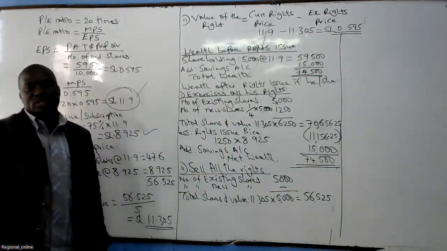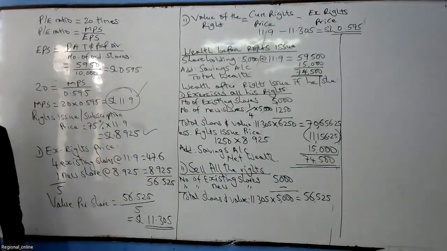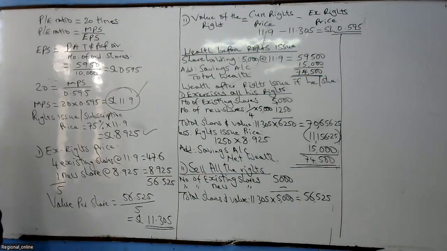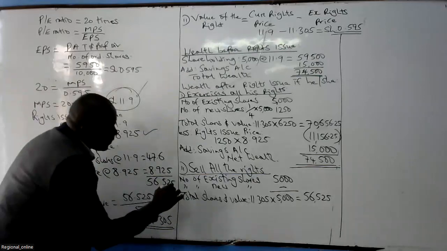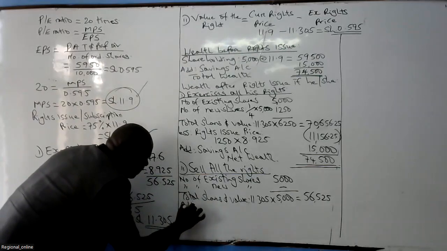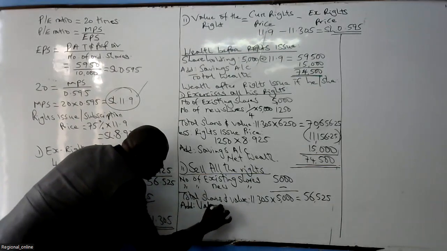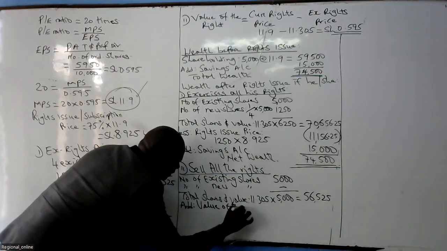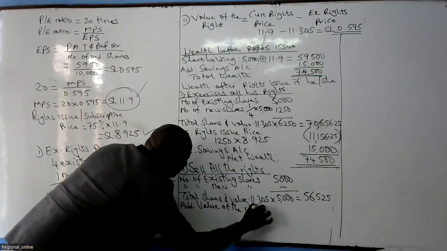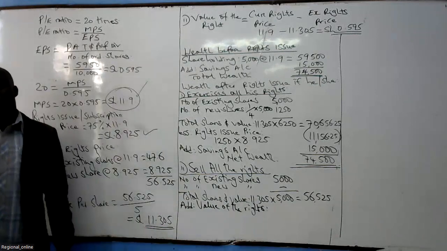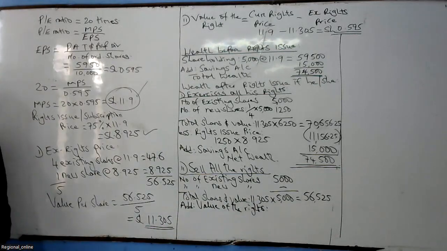So 56,525. Now, this person sold some rights. The rights have a value. So you add the value of the rights. Value of the rights. How many rights does the shareholder have?